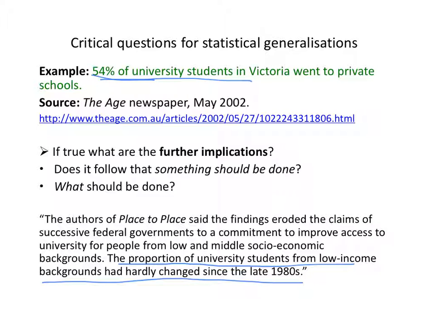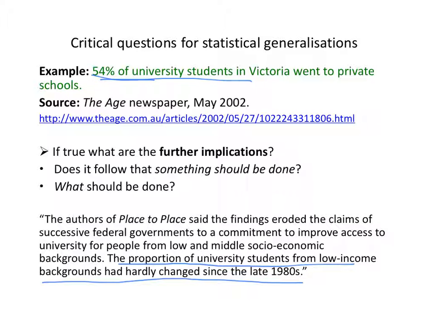And of course there are many other questions you could ask about this. Just to summarise, there are two basic kinds of question you can ask about a statistical generalisation like this. How do they know? Where does it come from? And if the statistic is based on a sample or survey, you might be able to evaluate the reliability of that survey. As I said, we'll talk about that more in a later topic.